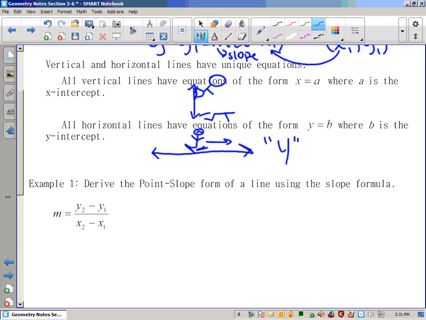Okay, so let's pretend he hit the ground. And when somebody dies in cartoons, they have X's over their eyes. So X equals a number are equations for vertical lines. Y equals a number are the equations for horizontal lines. I know it's a dumb story, but it works for me.